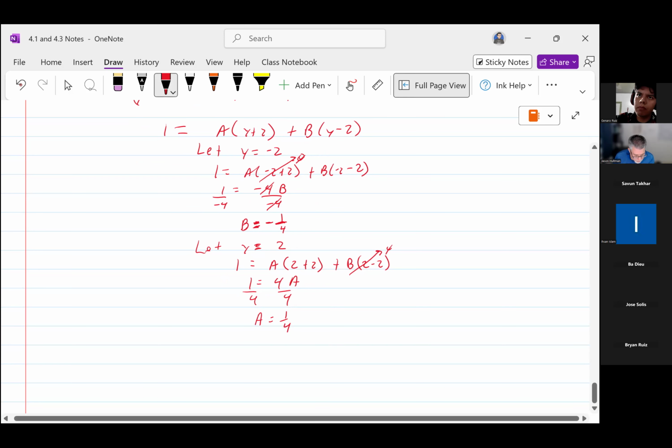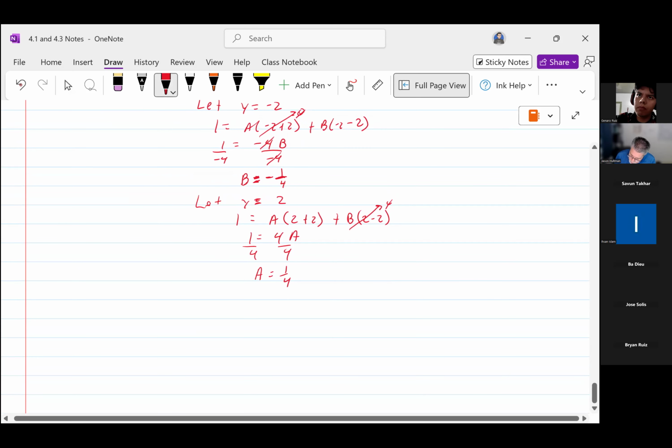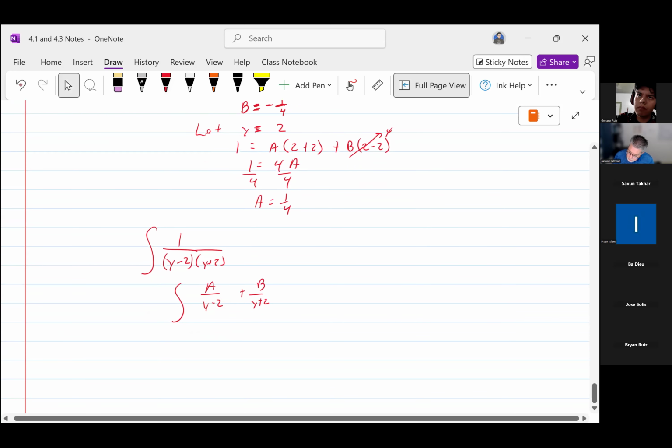Okay. So now we're going to plug this back in. This is going to be the integral of 1 over y minus 2 times y plus 2, which is A over y minus 2 plus B over y plus 2. Okay, but what is A?